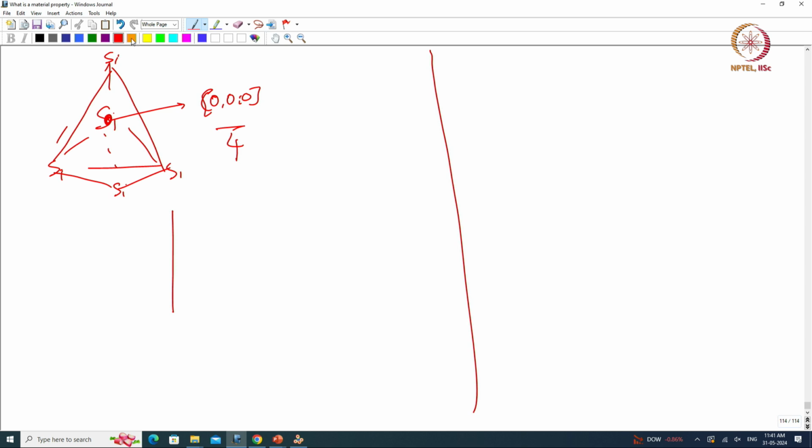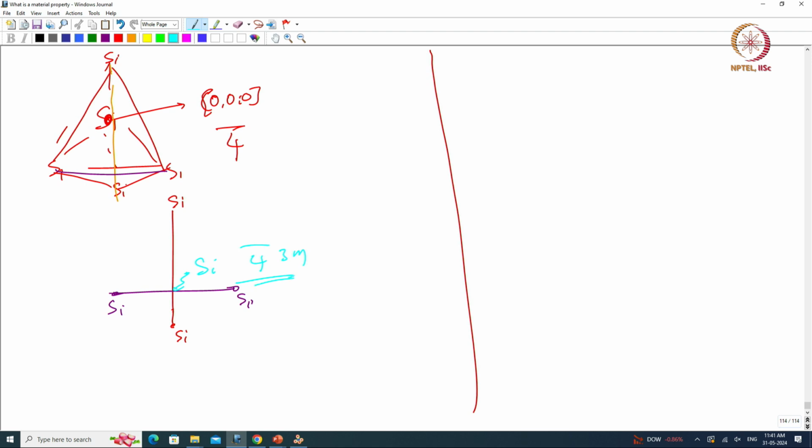Because I have 2 silicons behind, those are these 2 silicons, and 2 silicons in front, those are these 2 silicons. So these are 2 silicons in front, these are 2 silicons in the back, and in the center is one more silicon. Between these 2 lines, somewhere here, is the other silicon, and that is my 4 bar 3 m point.